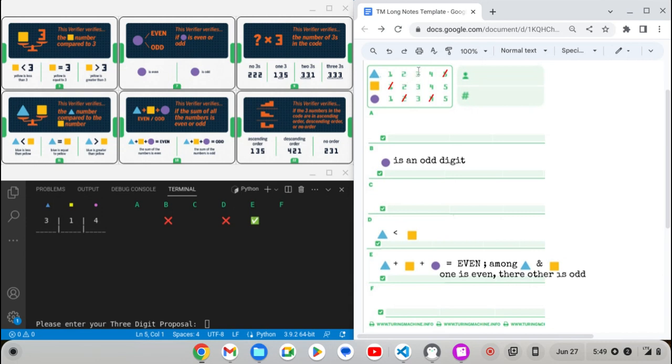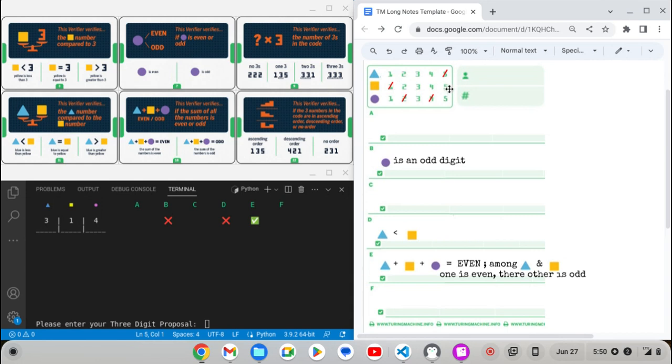Okay, so then that would mean that if there are duplicate or double 3s, they'd have to be triangle and circle, and then potentially square could be 5, and that would be no order because it goes from 3 to 5 and then back to 3. Oh wait, what am I saying? I need an even. So okay, so no, we can't have 3 5. So the middle is odd. This has to be even.